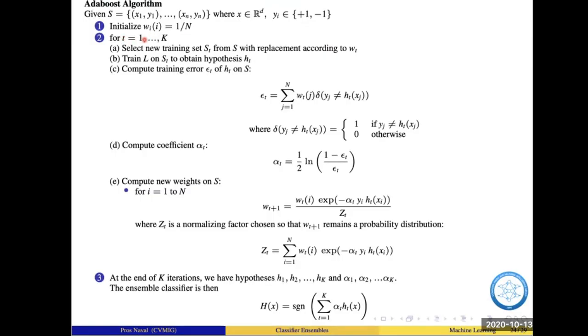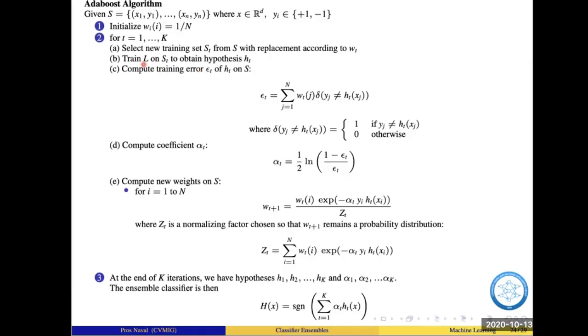Then for t equals 1, we will of course aim to produce at the end of the iteration one classifier, and we will have k classifiers at the end. For t equals 1, we select a new training set St, or S1, from S with replacement according to W1, which in this case is a uniform distribution.